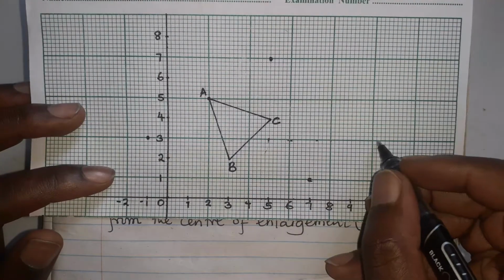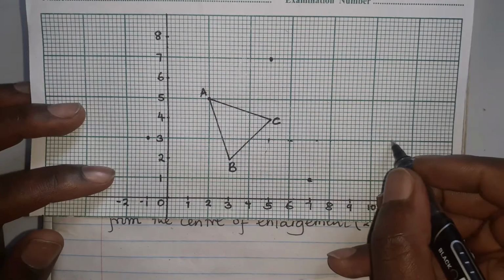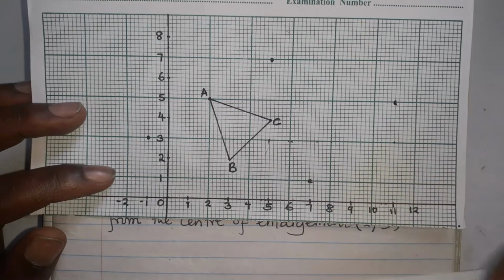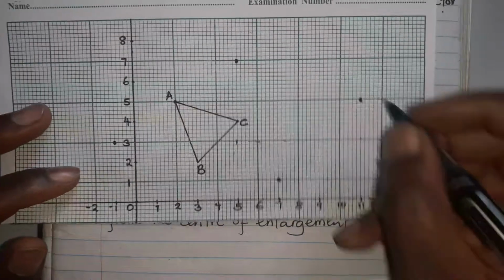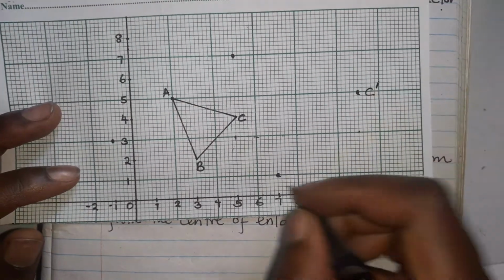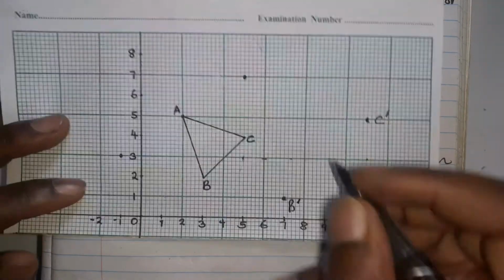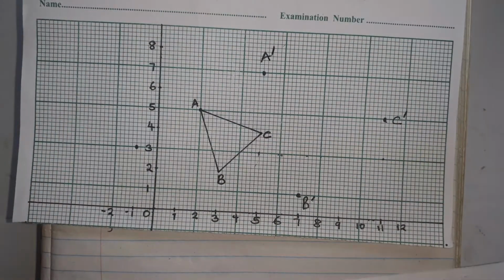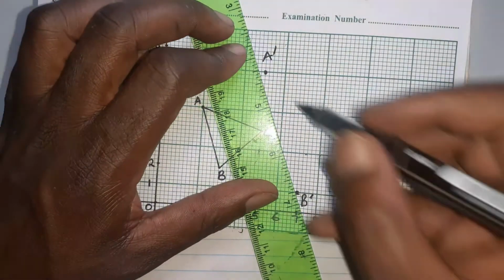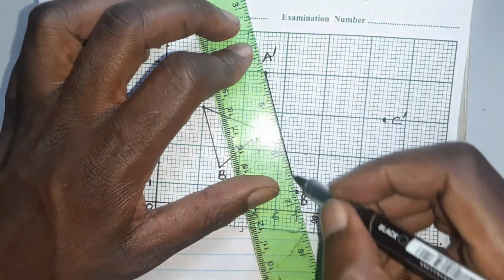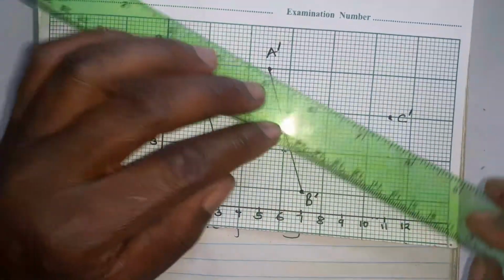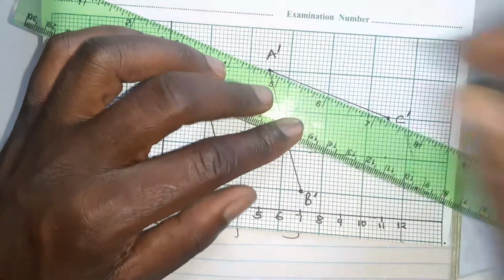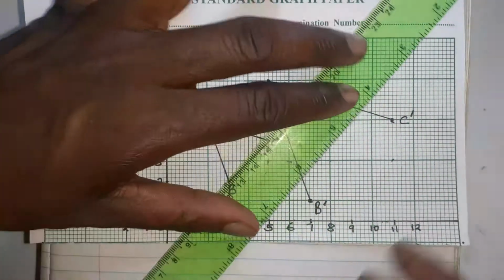This is where we have our 12. Then we go up to this point. This is where we're going to have our C, our B, and our A. Then we join these three points.